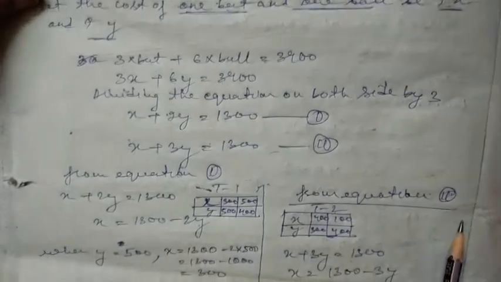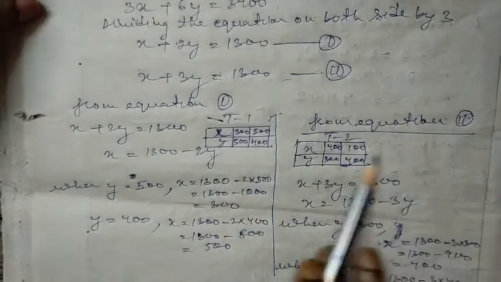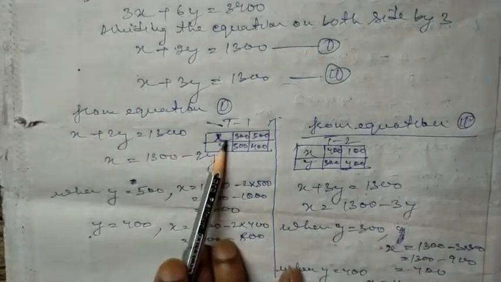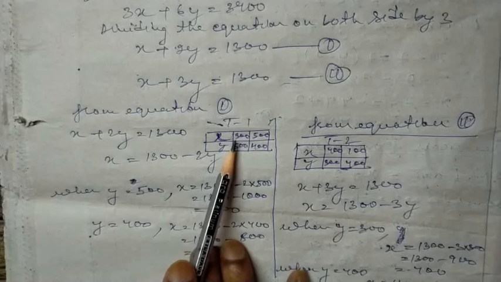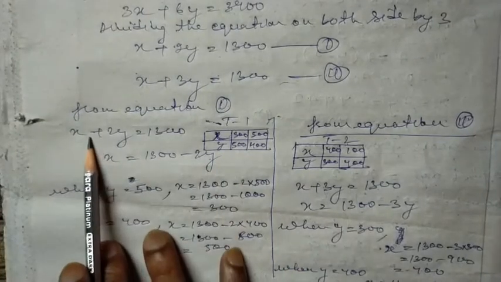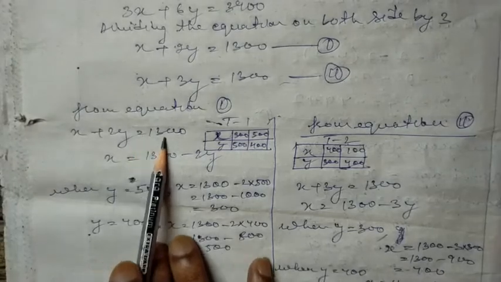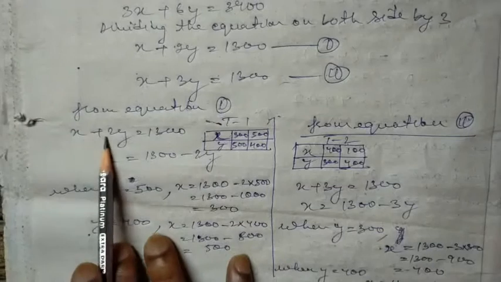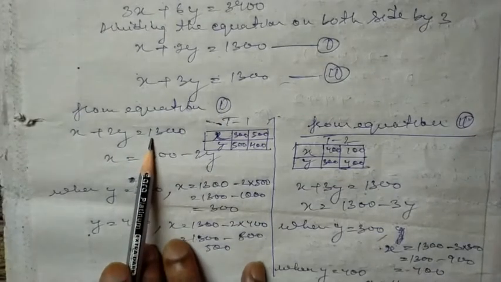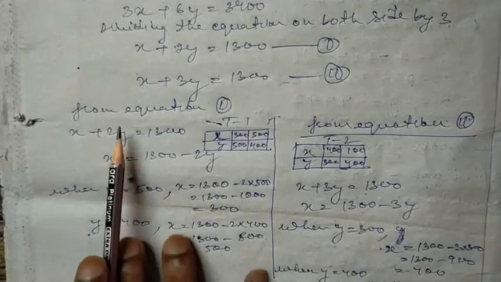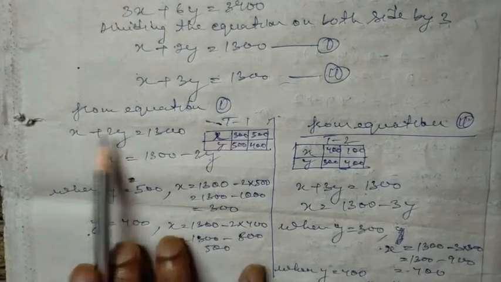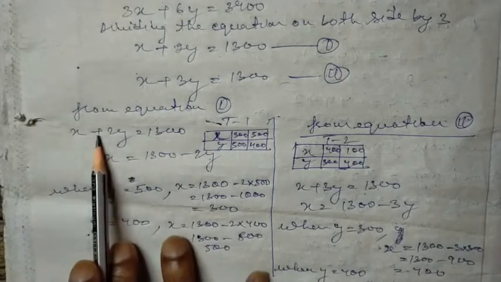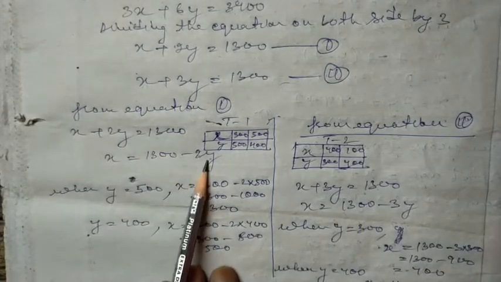Now we have to make the table for putting the values on the graph paper. There is x plus 2y is equal to 1,300, the equation from equation 1. I have sent 2y to the right hand side, so it will become minus 2y.